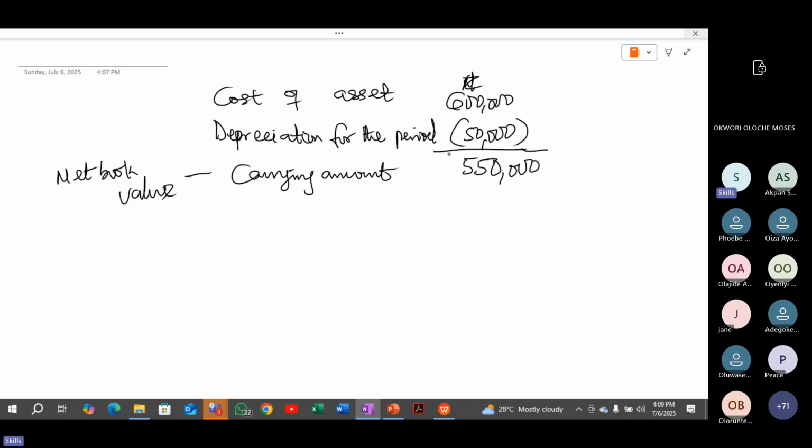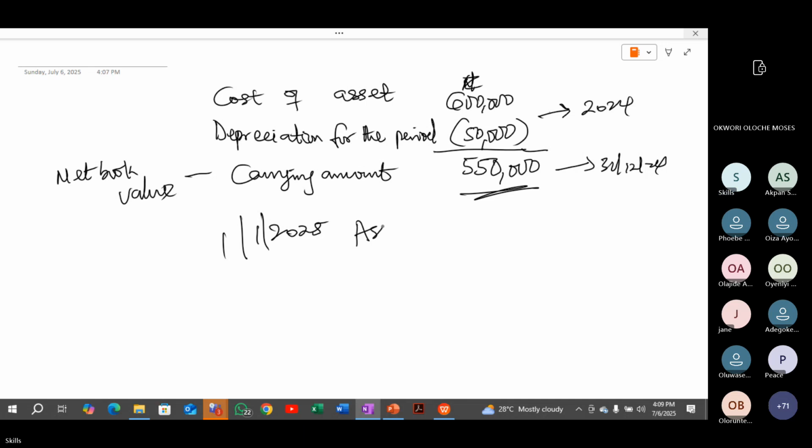So if this period is 2024, that means that at the end of 2024, which is 31/12/24, for the beginning of 2025, 1/1, your asset will now be this amount, which is the one that you have at the end of the period.